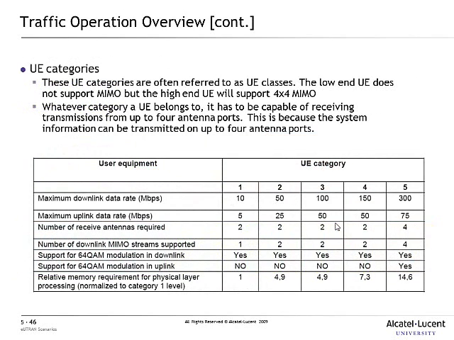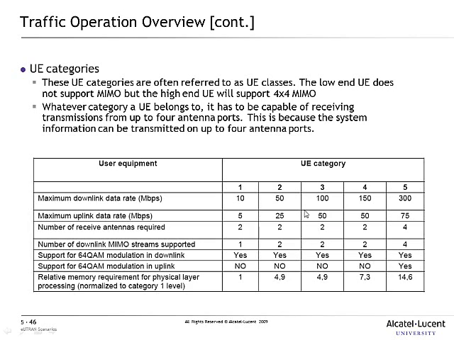Okay. Now, I talked about UE category earlier. What does that mean? Well, there are different categories of UEs, so you have UE category 1, 2, 3, 4, 5.